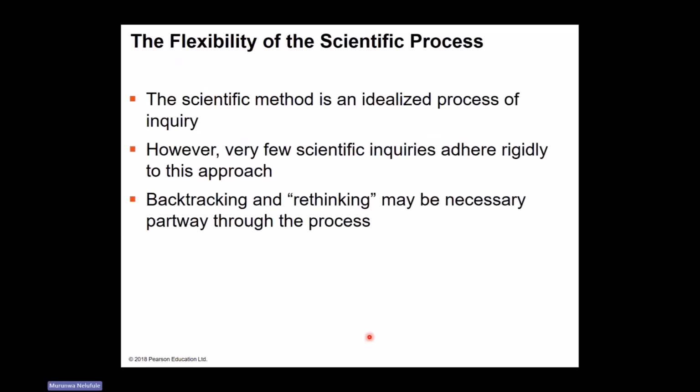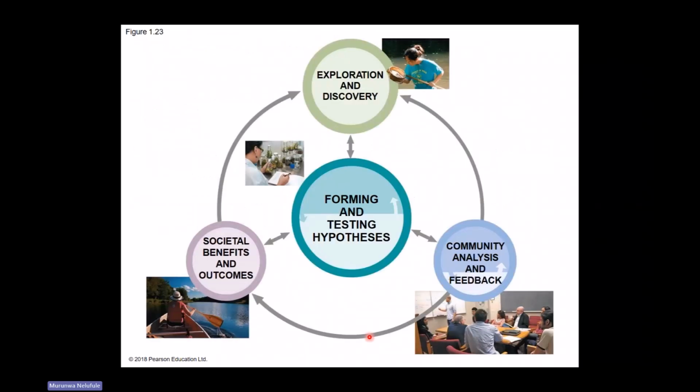Flexibility of science processes. The scientific method is an idealized process of inquiry. However, very few scientific inquiries adhere rigidly to this approach. Backtracking and rethinking may be necessary partway through the process. This is the process where you explore and discover, forming and testing hypotheses. There has to be engagement.